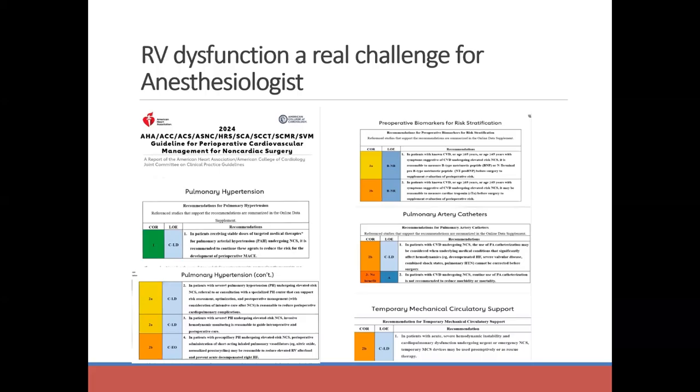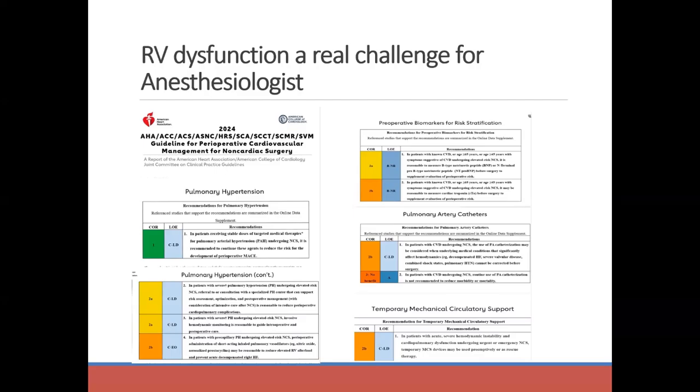They talked about pulmonary hypertension basically, and they strongly recommended that patients who have pulmonary hypertension and are on medical treatment should continue and optimize their treatment when going for non-cardiac surgery. They also highlighted that these cases are best managed with a specialized team, in a proper intensive care or HDU in the perioperative period.